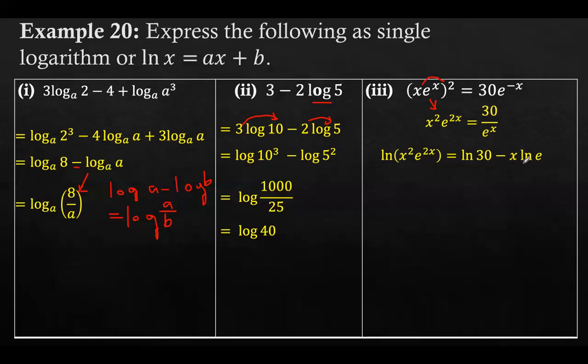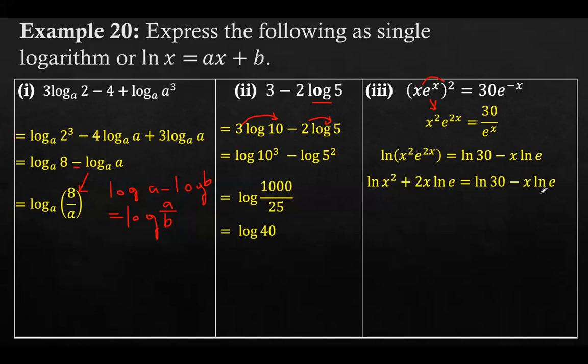Okay, so ln e will become 1. And then this one, multiply x squared times e to the power 2x, we can separate into 2. That is ln x squared plus 2x ln e equals ln 30 minus x ln e.